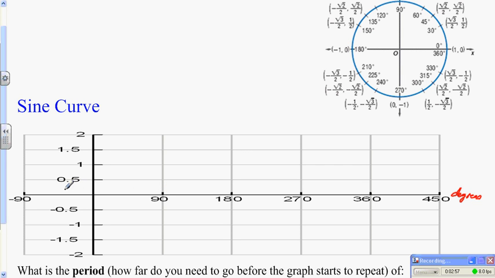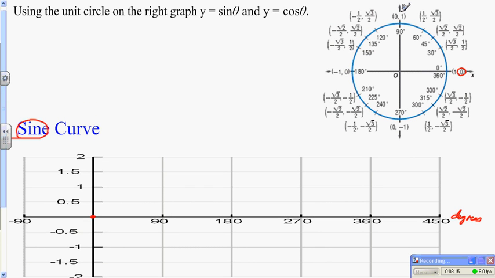Now, if we look at our unit circle, and we're talking about sine, then the sine of 0 is 0. At 90, I'm going to pick the big points here. At 90, sine is 1.